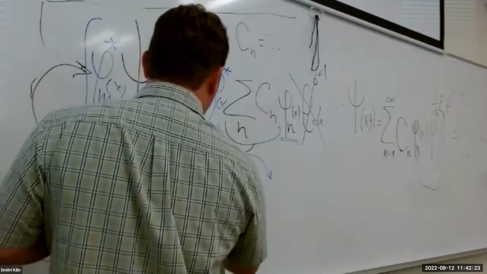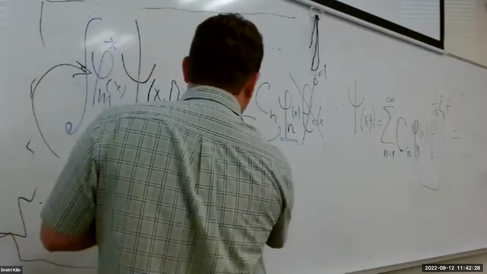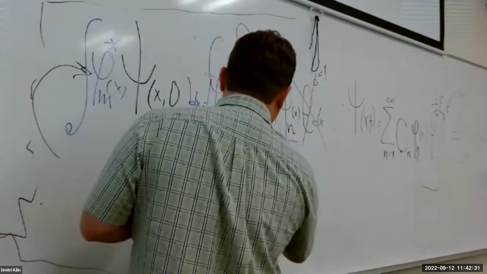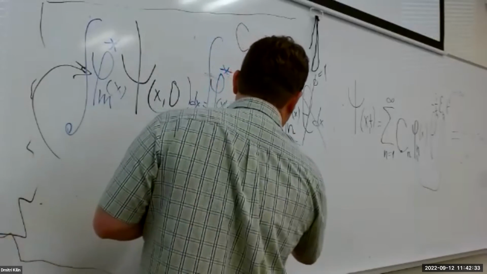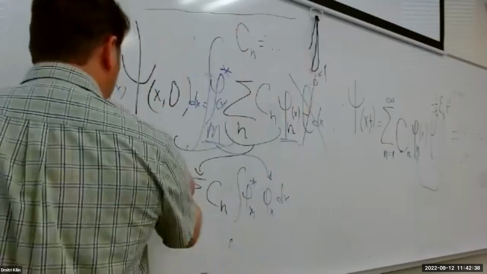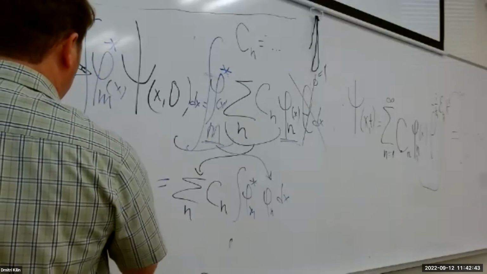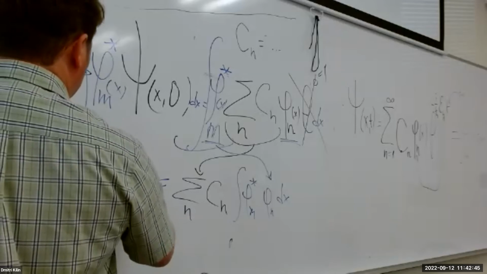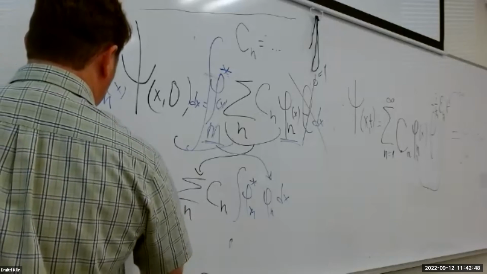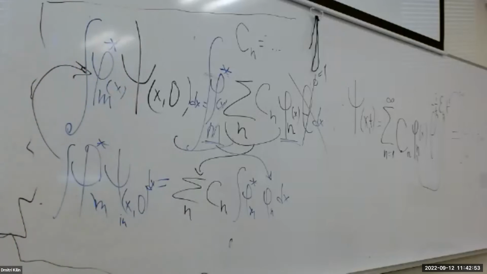So summation n c sub n, and then integral phi sub m star phi n dx on the left, and on the right will be just integral psi m phi star m psi initial condition x0 dx. Did I violate any mathematical rule by now? I hope not. Not yet.